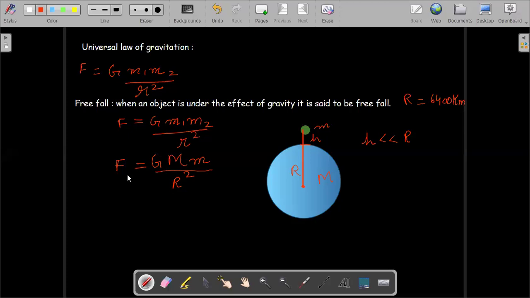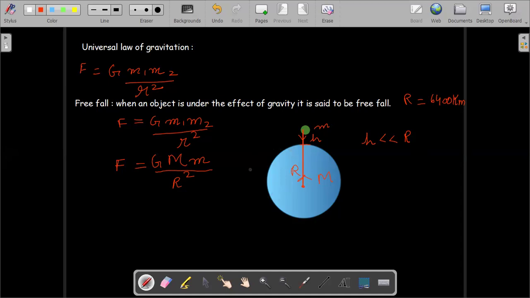That means the object is being attracted towards the earth with the gravitational force, so there should be an equal and opposite reaction exerted by the mass on the earth. If the earth is attracting this mass towards itself, the earth is also being attracted towards the mass.